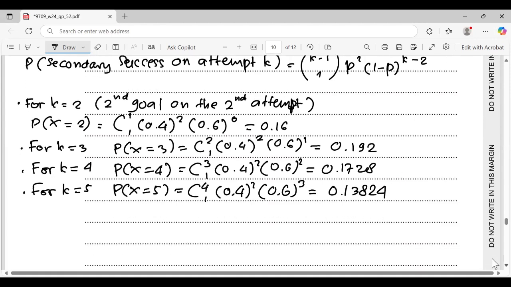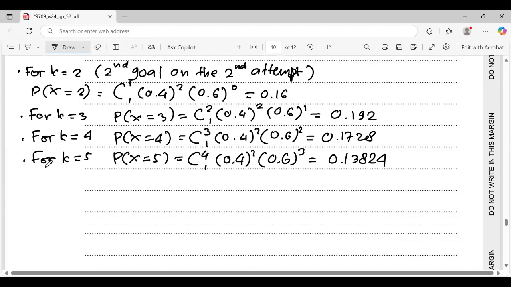Now we're going to calculate the probability of the second goal on or before the fifth attempt.